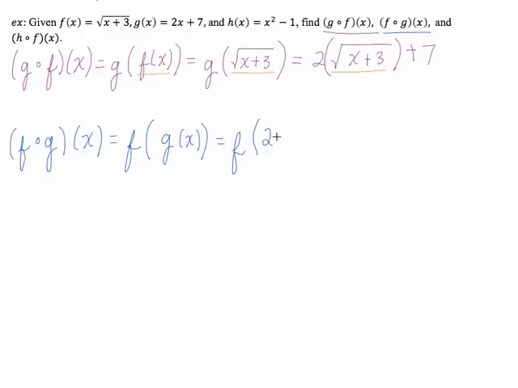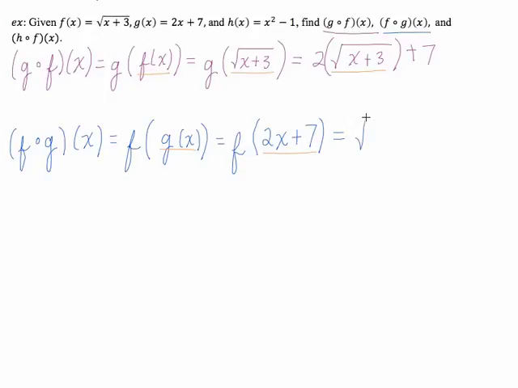So that means f of 2x plus 7. So I'm plugging 2x plus 7 in for x in my function f up here. So that little x right there will become 2x plus 7.